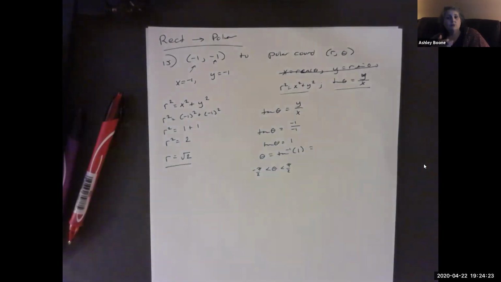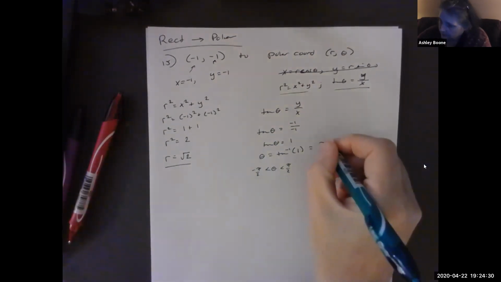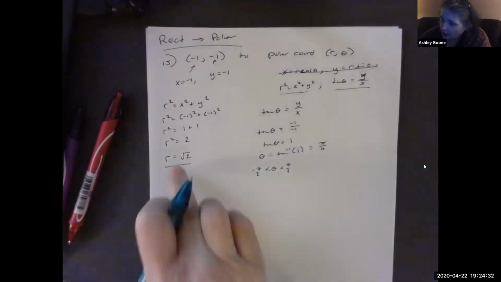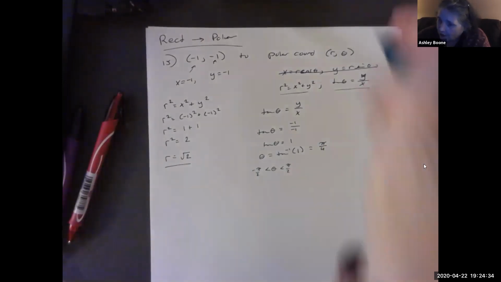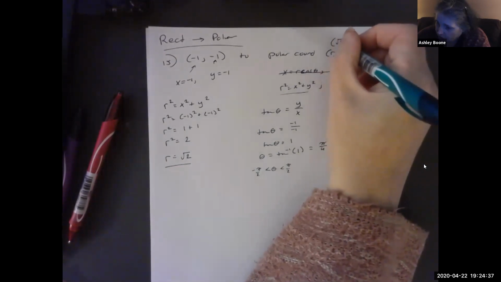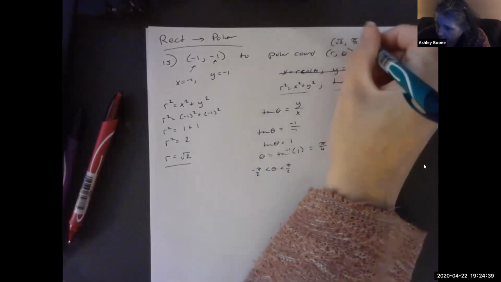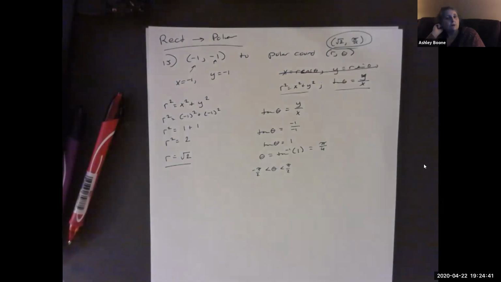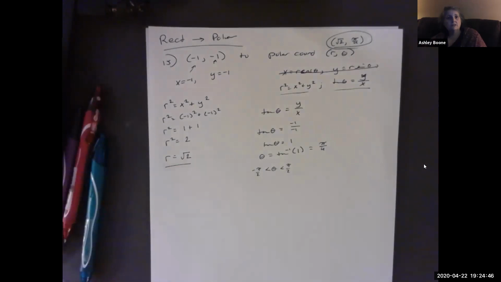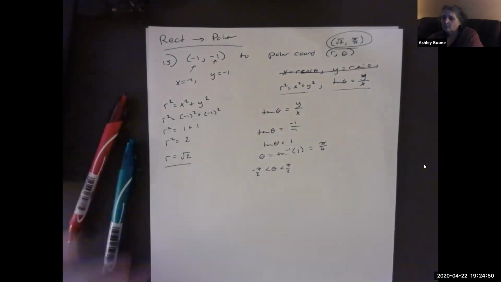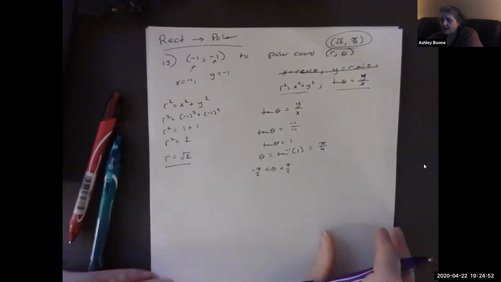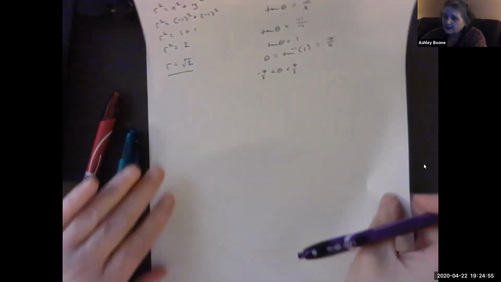What angle between -pi/2 and pi/2 has a tangent value of 1? It's pi/4. So we know our r, we know our theta. So our answer to this is square root of 2 and pi/4. Those are our polar coordinates that correspond to that rectangular coordinate of -1, -1. Okay? Go ahead and look at the next one.